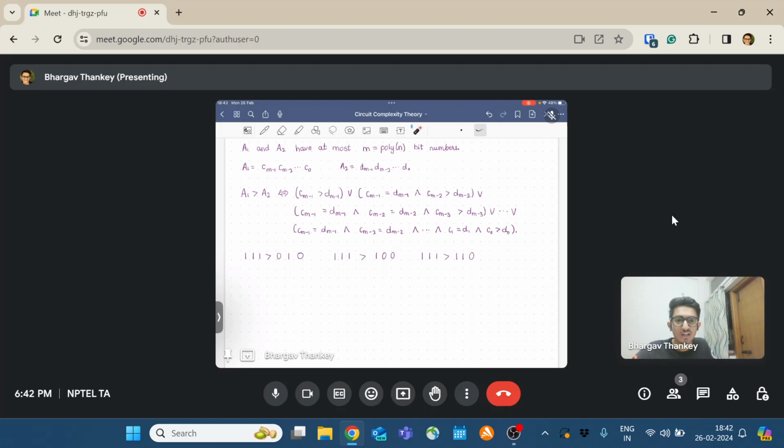So now you can see that if you have m many bits, you have to first check: is the first bit of A1 greater than the first bit of A2? If so, you are done. Otherwise, check if the first bits are the same and the second bit of A1 is larger than the second bit of A2. If so, you're also done. Otherwise, check if the first bits of A1 and A2 are the same, the second bits are the same, but the third bit of A1 is greater than the third bit of A2, and so on.